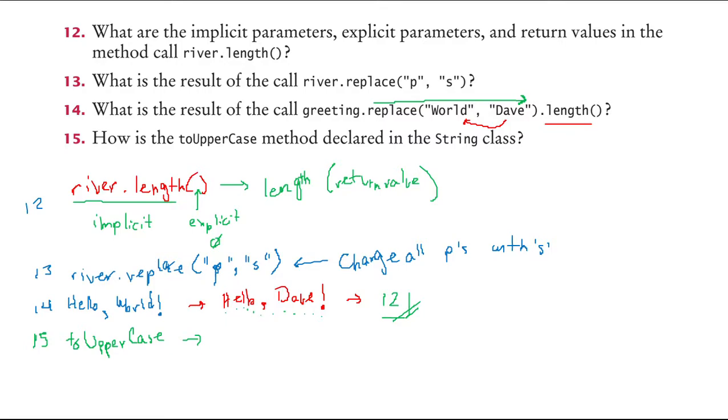So it would be public because it actually interacts with the user. It's gonna be a string because it returns a string, and it's gonna be called toUppercase. Now, it had no parameters, so we can leave it that way.